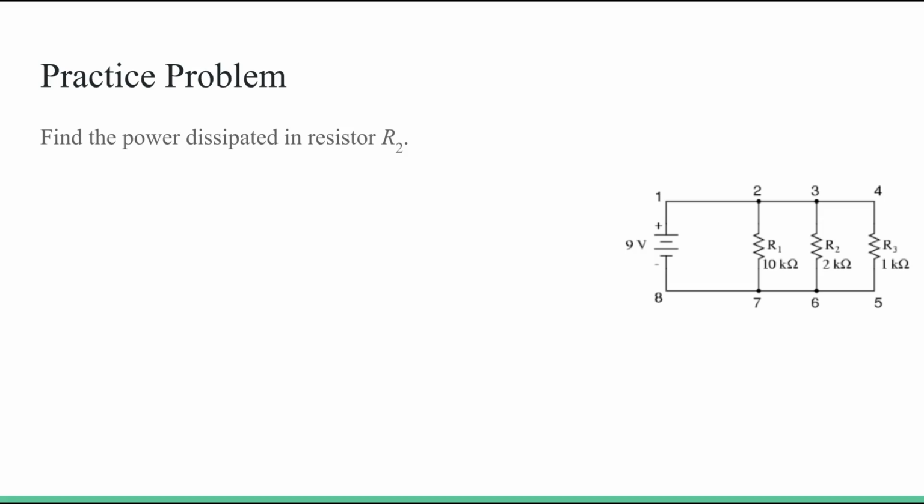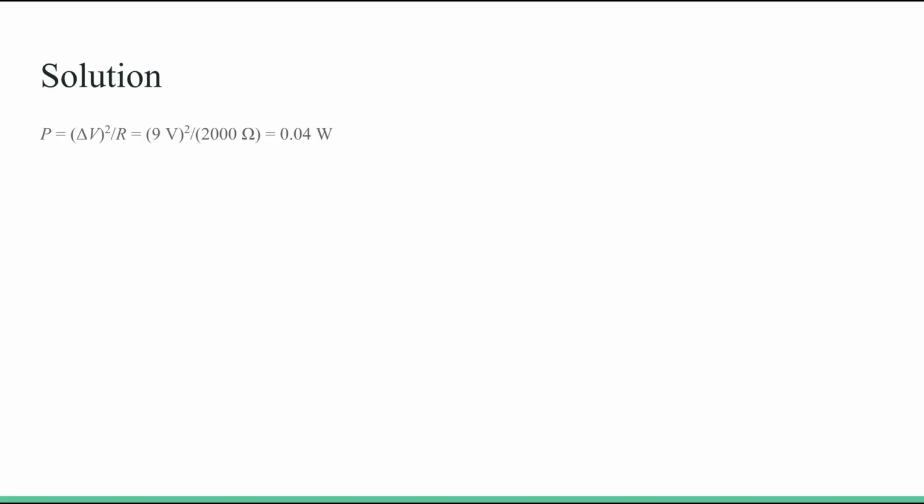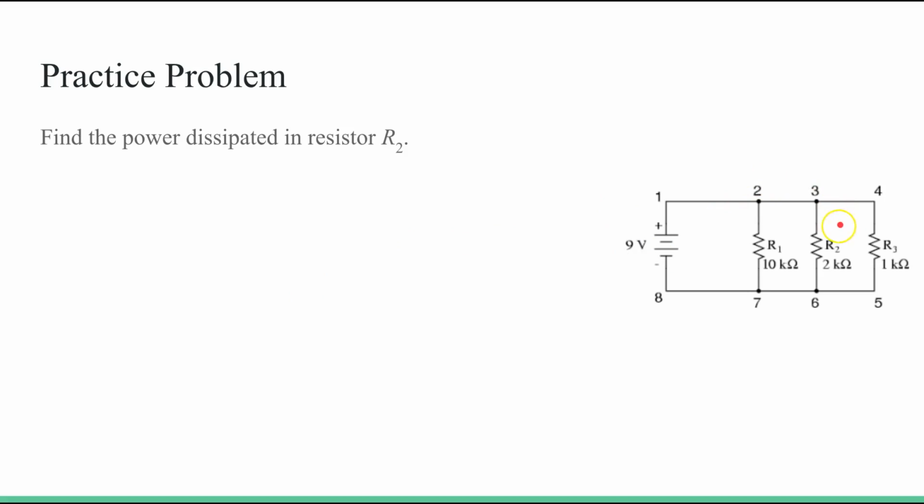So, practice problem, find the power dissipated in resistor R2. You might be tempted to find the current through resistor R2, but that'll be a complete waste of time. Why? Because you know the voltage drop. You know the voltage drop across R2 is the same as the one across R1, and the same as the one across R3.